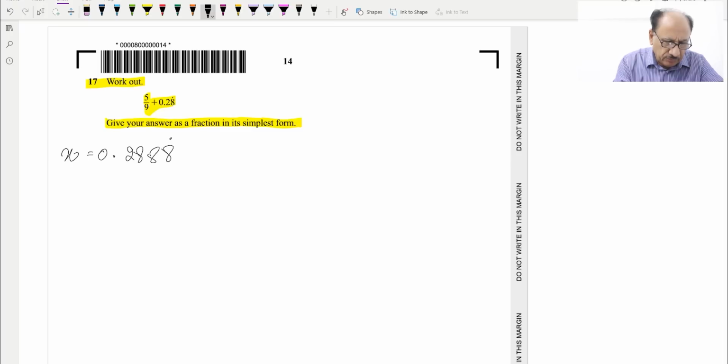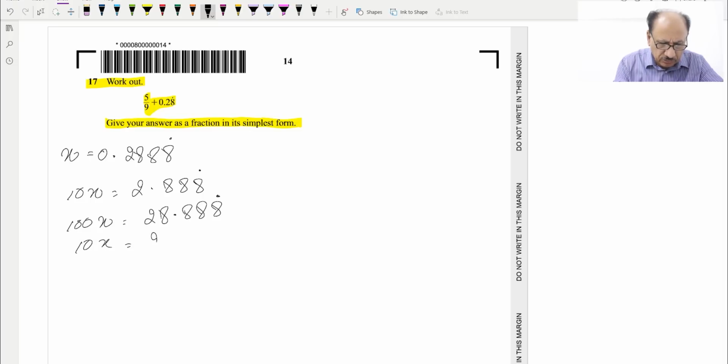We can move the decimal to the next number, so 10x will be equal to 2.888 recurring, and we can multiply by 100 as well, because we need to move one more digit, so it will be 28.888 recurring.